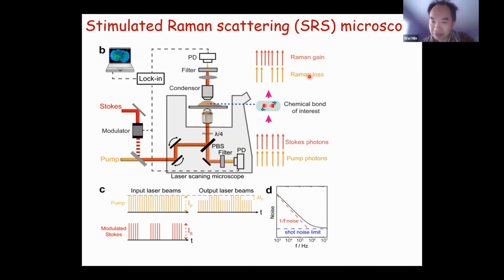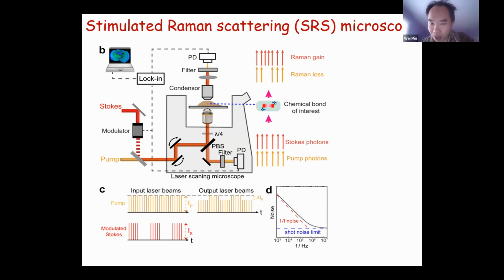You have a relative intensity loss in the pump photon, and a relative photon gain in the Stokes photon. So we can use modulation and a lock-in amplifier to detect this relative intensity change. It's like absorption measurement, but now it's two beams, and we use modulation transfer to do phase sensitive detection. So we can get down to the shot noise limit if the modulation is above megahertz.